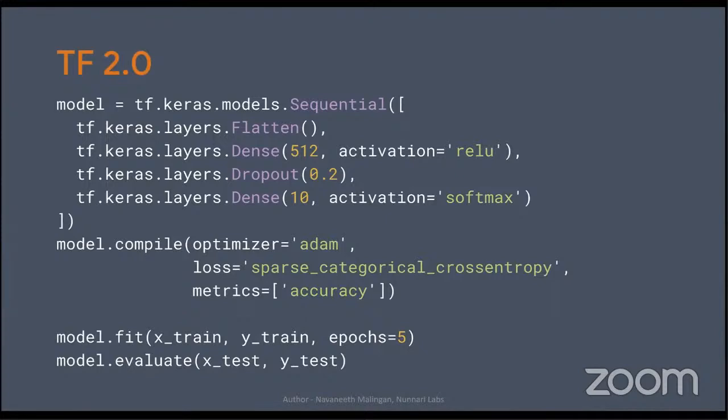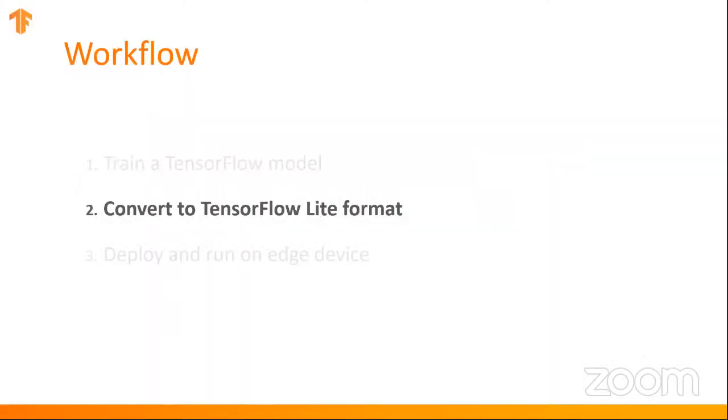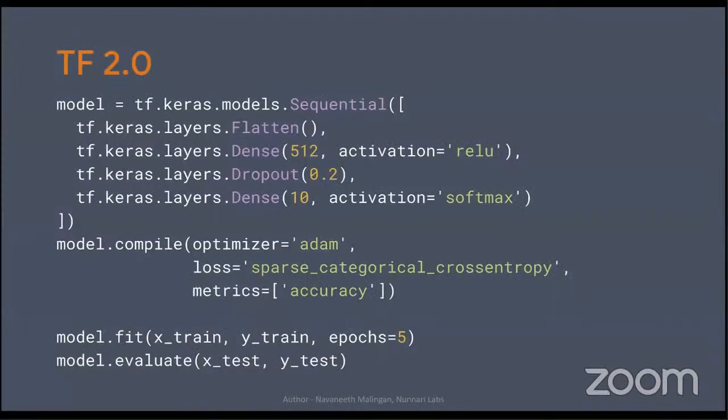Okay, so the second thing would be the conversion part. While building all these models, a model is nothing but an architecture and the learned weights. Okay, so the architecture will have some memory, and also the weights will have some memory. Because let's say 500 nodes here and 10 nodes here. Let's leave the dropout. Then 500 into 10, it's 5,000 connections.